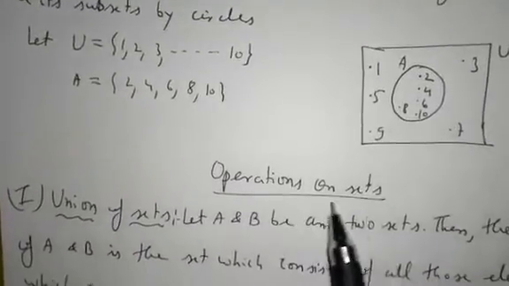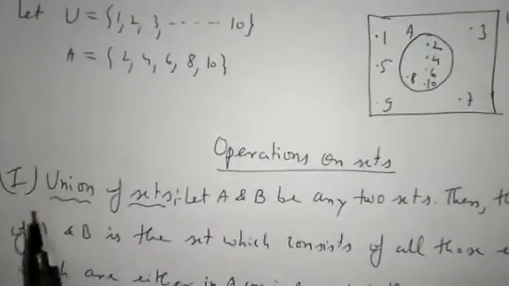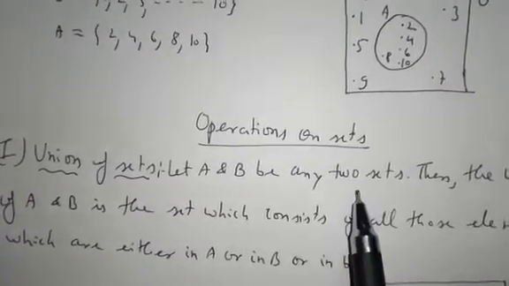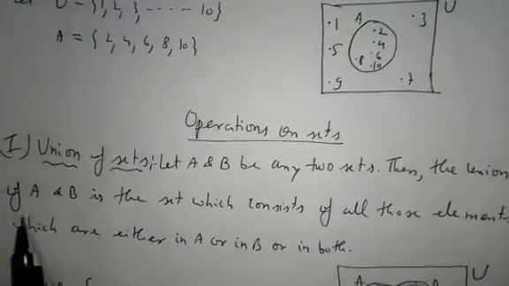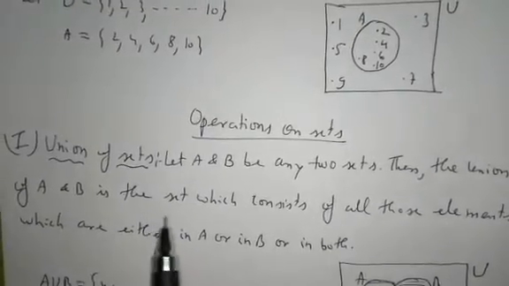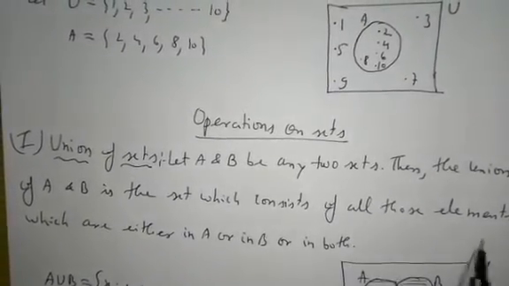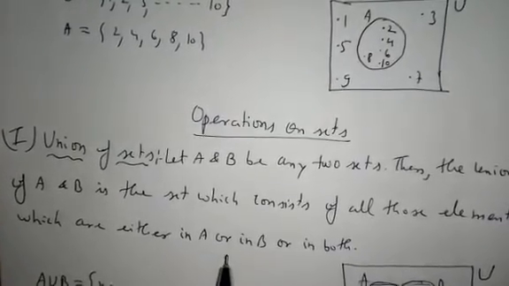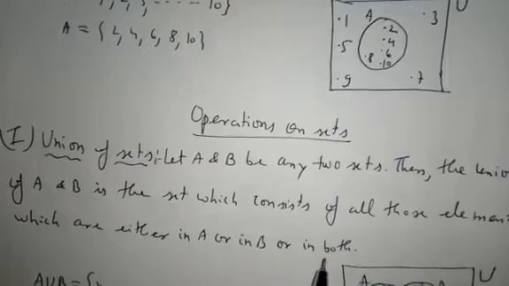Now operations on sets. The first operation is union of sets. Let A and B be two sets, then the union of A and B is the set which consists of all those elements which are either in A or in B or in both.